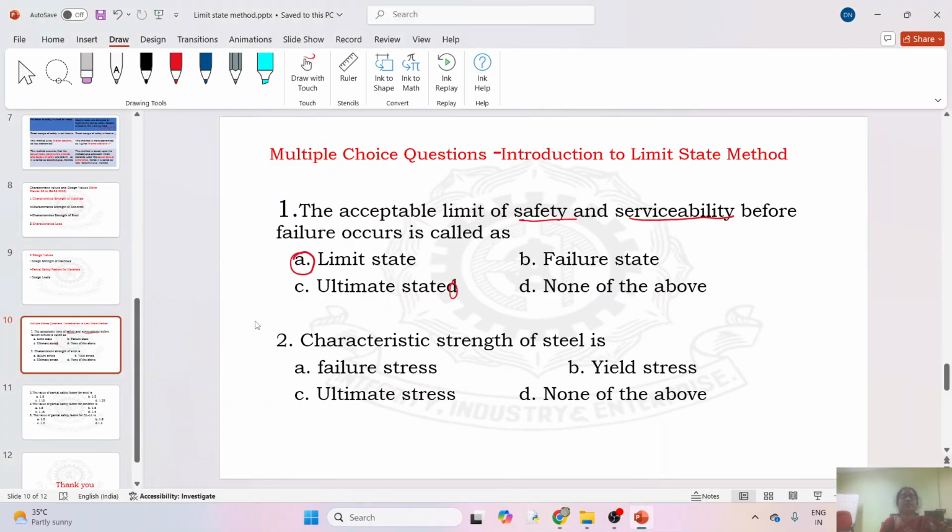So here there is no mention of the type of steel, mild steel or HYSD bars. So characteristic strength of the steel is yield stress, which is considered as the characteristic strength.